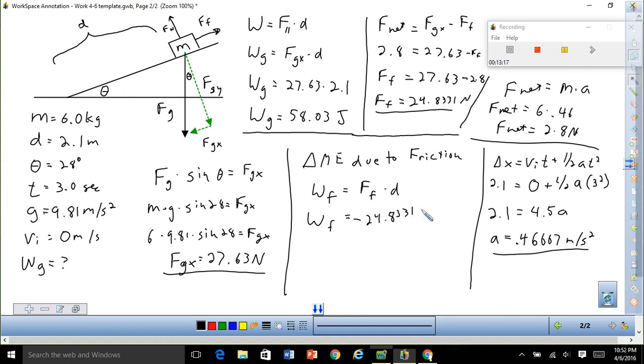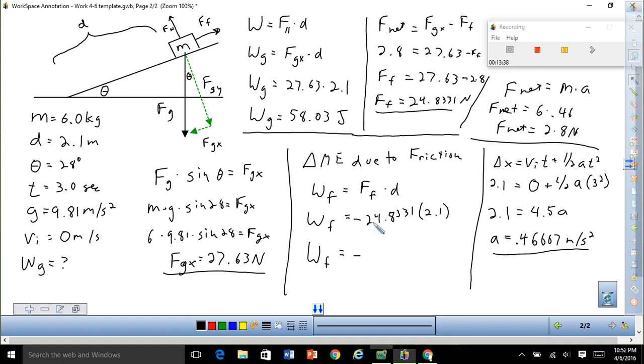24.8331 times our distance 2.1. When you multiply all that out, you end up with 52.15.